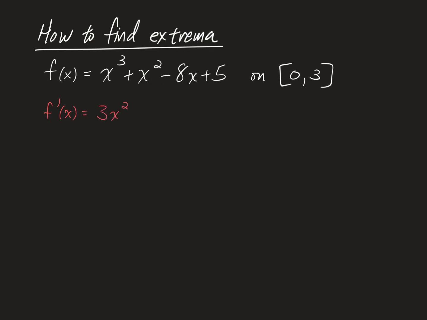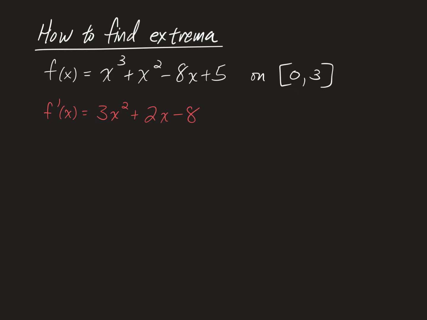And it just requires a little bit of a power rule here: 3x squared plus 2x minus 8. Now, the difference between this function and the previous one is that there is no denominator here. So we don't have to set any denominator equal to 0 to find out where the derivative is undefined.